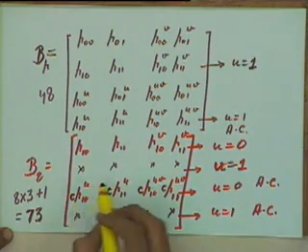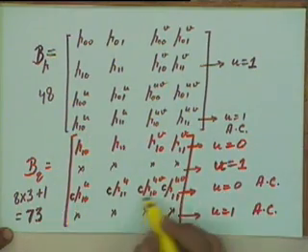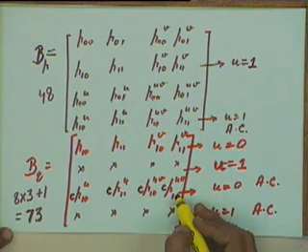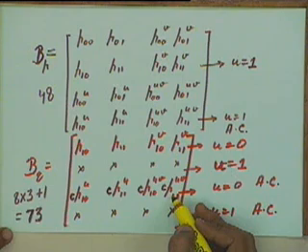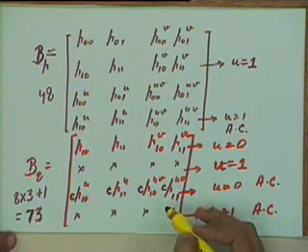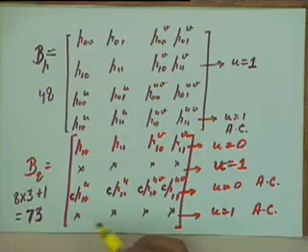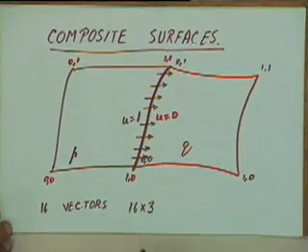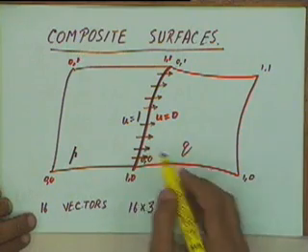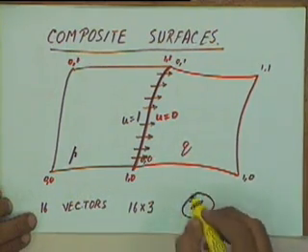Because this auxiliary curve and this auxiliary curve can be proportional, we have introduced a constant C, and the magnitude of this constant C can be changed. That gives us an additional degree of freedom. When we say C1, we aren't concerned about the magnitude of the vector, we just say the direction. The direction should be same, the magnitude can be different. So this way, if we are having 2 adjacent composite surfaces, instead of having 96 degrees of freedom, we will get 73 degrees of freedom.